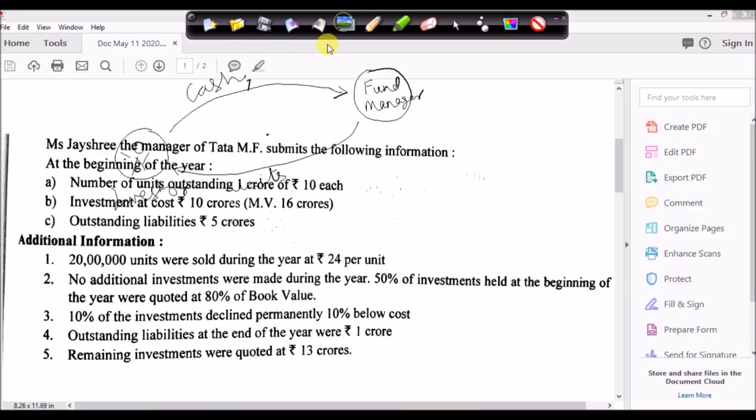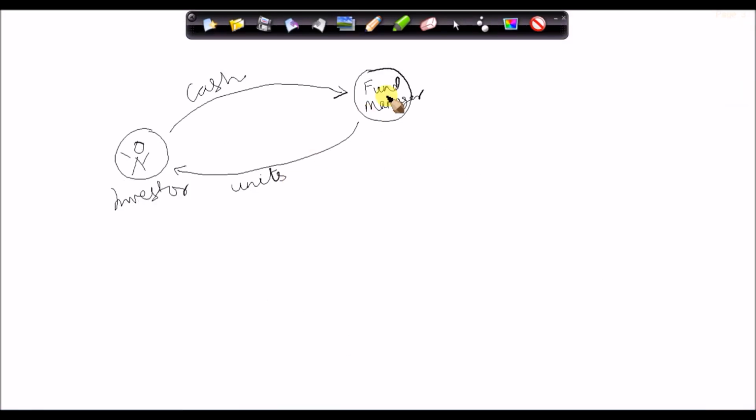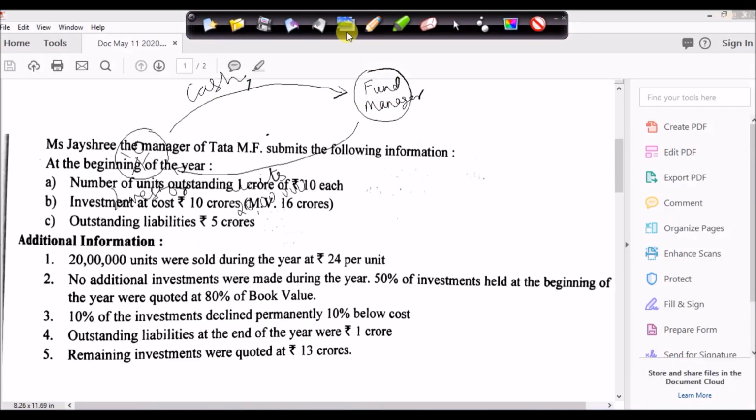So what is happening here is that 20 lakh units were sold. It means the fund manager is selling 20 lakh units to the investor, and in return the investor is going to give cash to the fund manager.